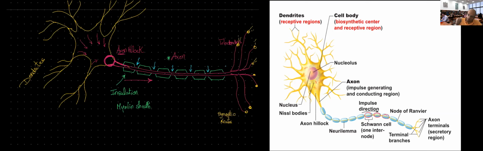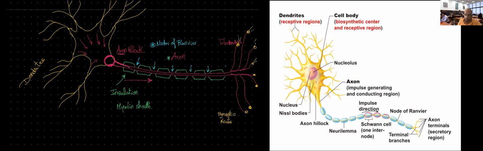We call those interruptions the nodes of Ranvier. And we're going to learn more about the function of the nodes of Ranvier after break today.